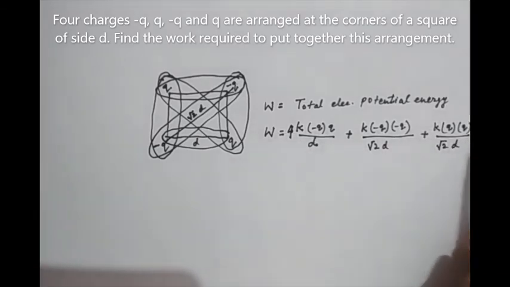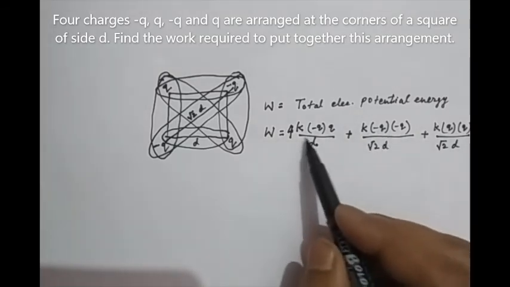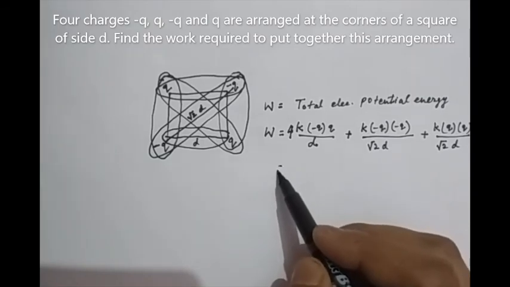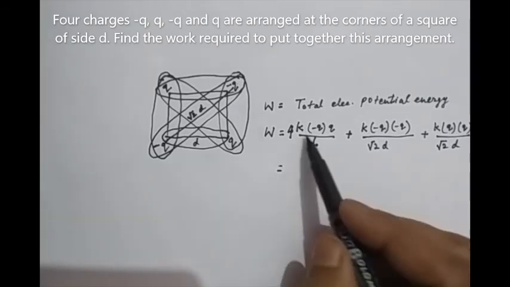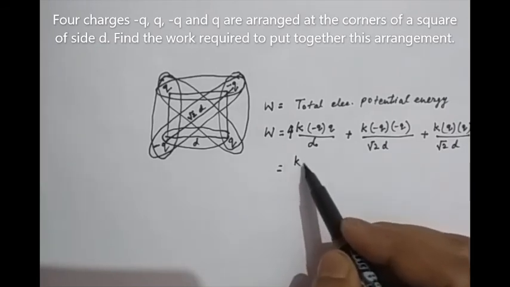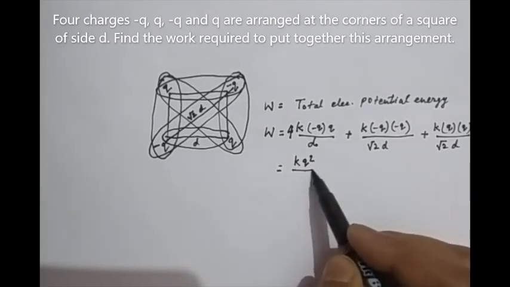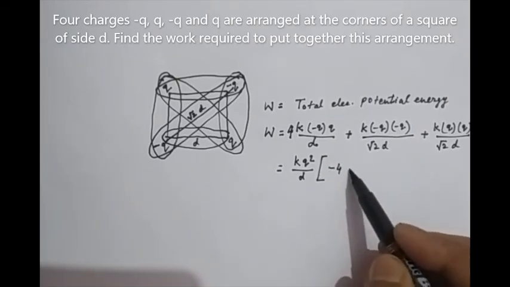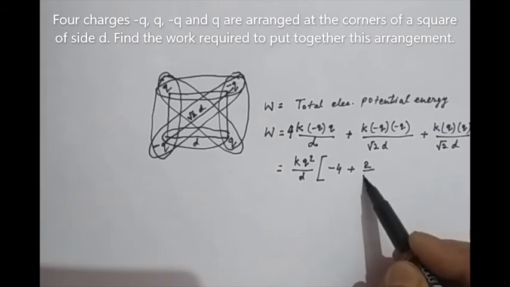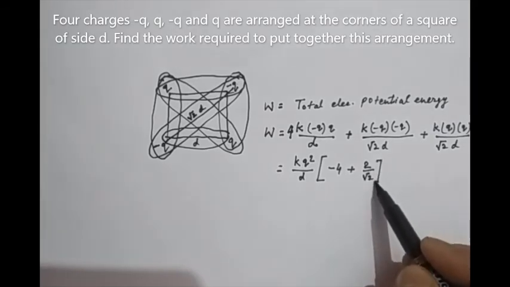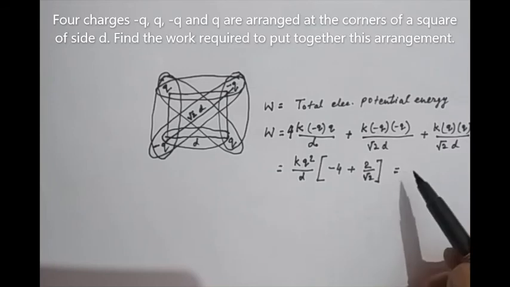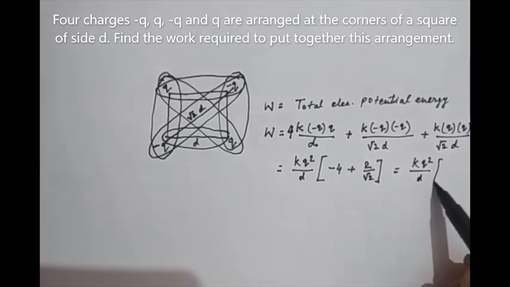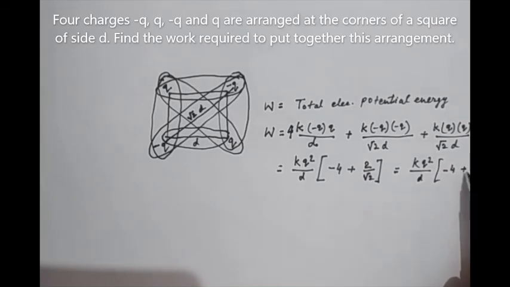The total electric potential energy will be the sum of all these electric potential energies. Take common, here K q square by d is common, and we have minus 4 plus 2 by root 2, and it is also equal to K q square by d into minus 4 plus root 2.